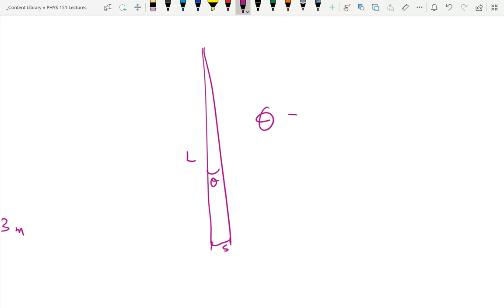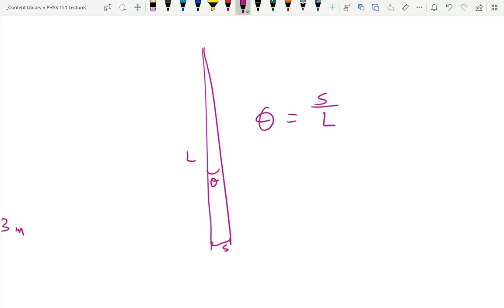And theta is equal to S over L. That's the definition. If you have a complete circle, what's the angle? 360 degrees or 2 pi radians. And so you should have 2 pi radians equals, what's the length of a complete circle? What do we name that? Circumference. So we should have 2 pi radians is equal to the circumference over the radius, or 2 pi r over r. Yep.